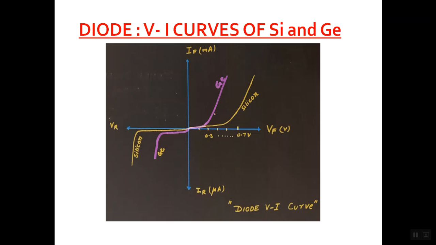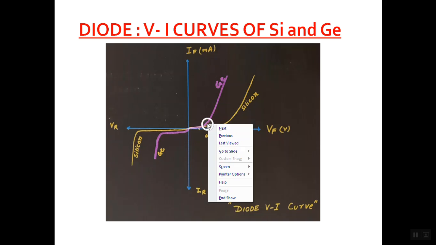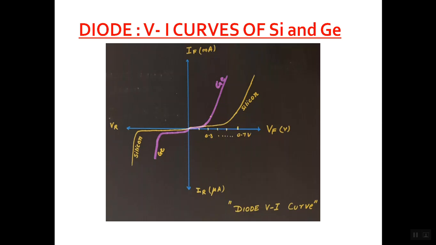Here, as we already discussed, the germanium knee voltage is 0.3. It means at this particular voltage, a germanium-made semiconductor or diode will conduct. There will be exponential growth in current. And for silicon, it takes 0.7 volt. Means जब तक ये वोल्टेज यहाँ तक नहीं आएगा, सिलिकॉन डायोड में करंट फ्लो ठीक से सफिशिएंट नहीं होगा.